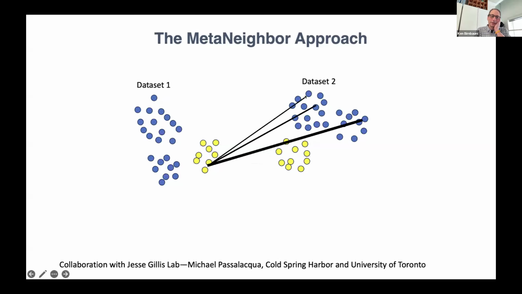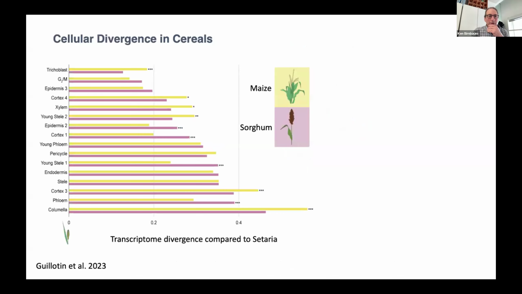The way Jesse does it is actually to build this network and look at the connections of individual cells to other clusters, and that gets taken into account. But one could easily start to do this with different species and, for example, on an evolutionary level, map the distance between cell types.